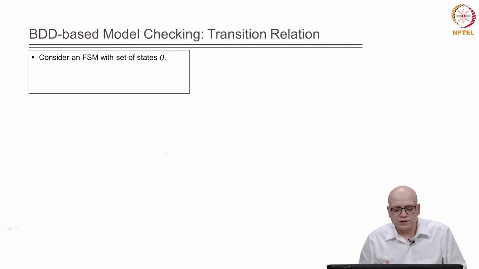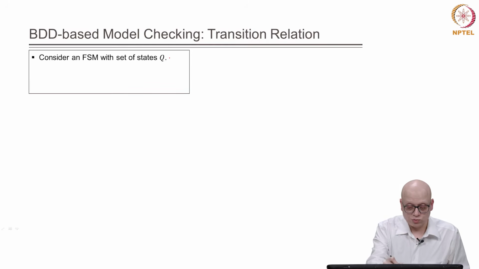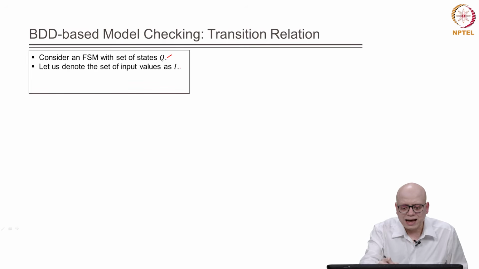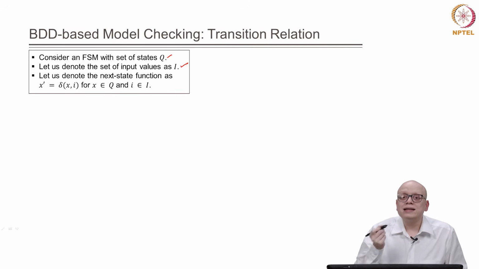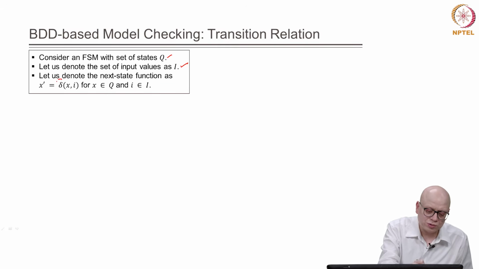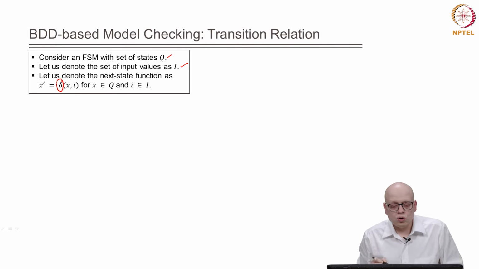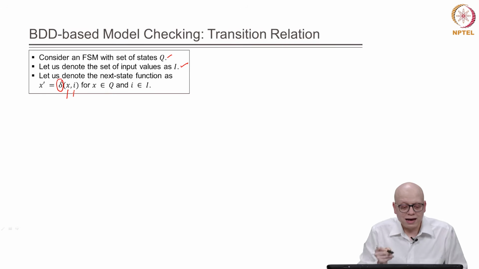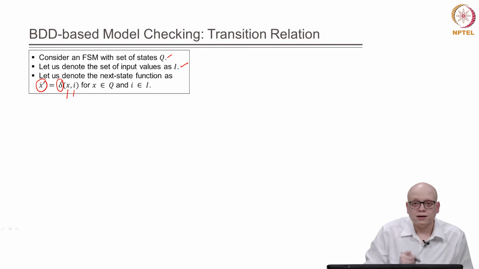Consider an FSM with a set of states Q, and let us denote the set of inputs as I. Then for this FSM there will be a next state function, which we represent using delta. This delta function takes the current state x and the current input I, and gives us the next state, right.